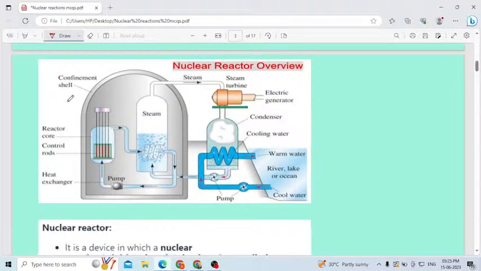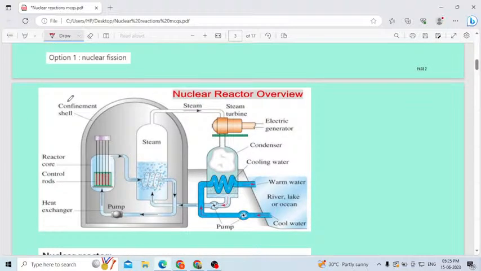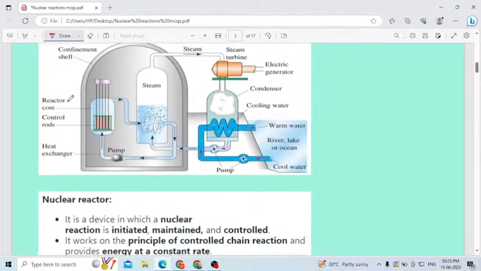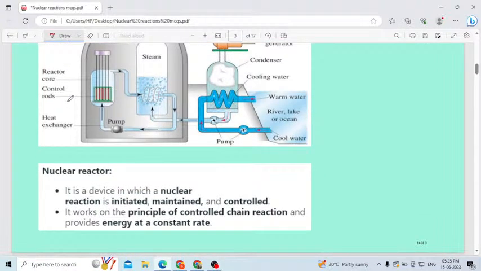Let us discuss in detail about the nuclear reactor view. This is the nuclear reactor that you will watch in the figure. What is meant by a nuclear reactor? It is a device in which a nuclear reaction is initiated, maintained and also controlled.